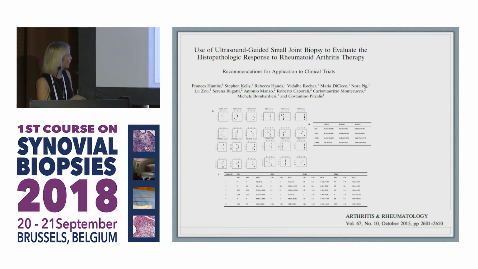What we demonstrated was that in small joints, you probably only needed to look at 4 biopsies rather than 6, because the joint's much smaller. This applied for a number of histological parameters.